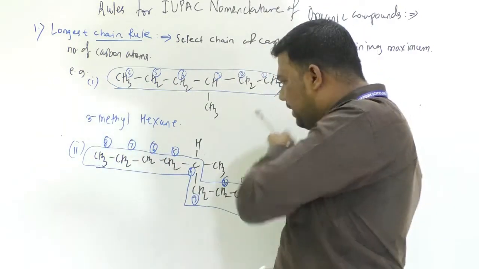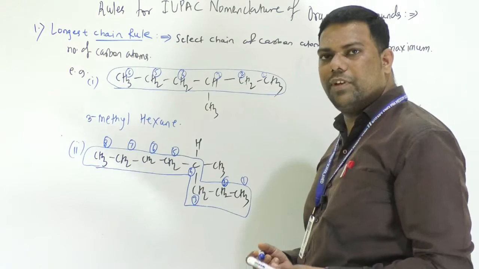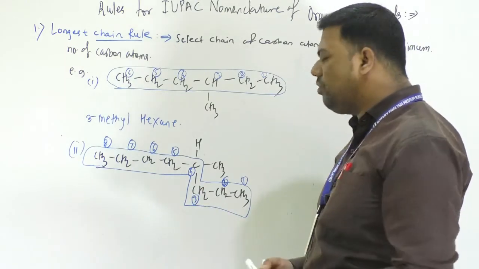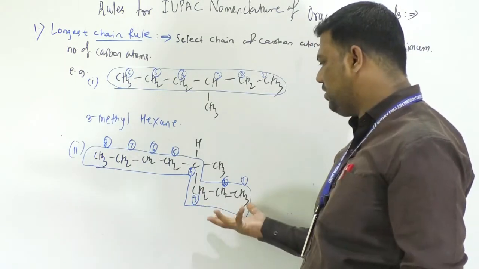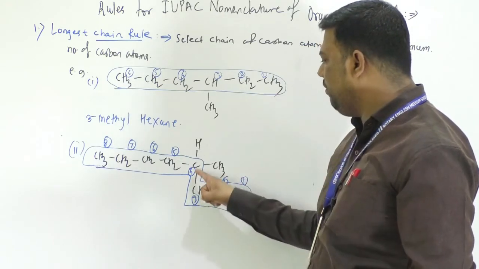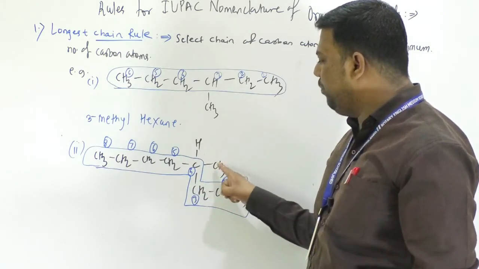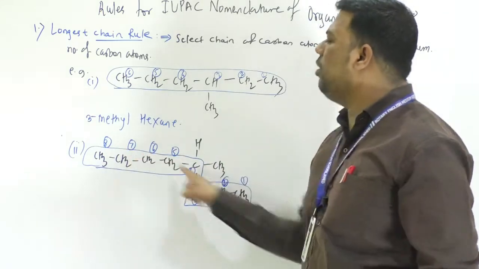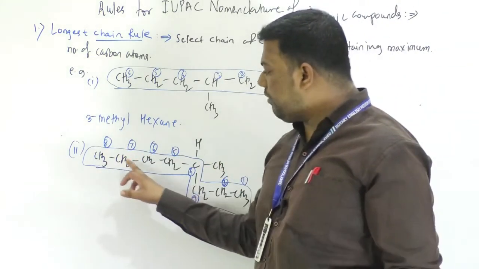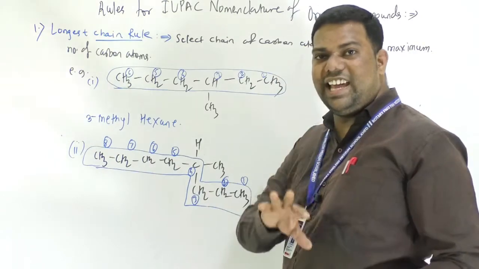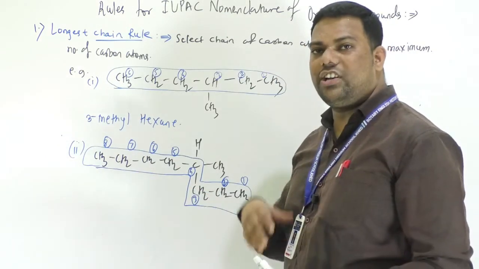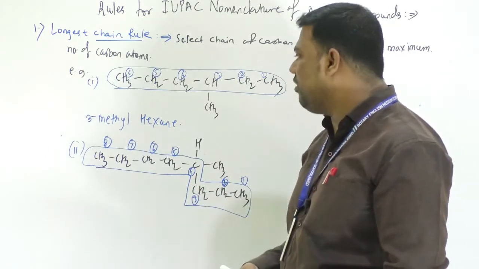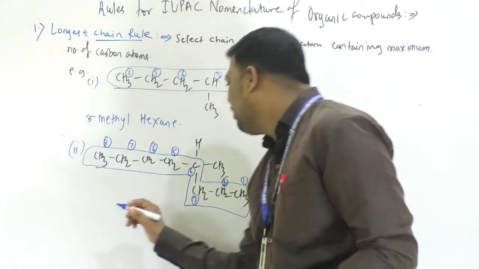Now we can write the IUPAC name of this organic compound. Easy: 1, 2, 3, 4. At the 4 position is the substituent. So what will be the name? 4-methyl octane. Because these are all singly bonded, that means A and E. That's why octane, A and E. So see here, we can write your name.